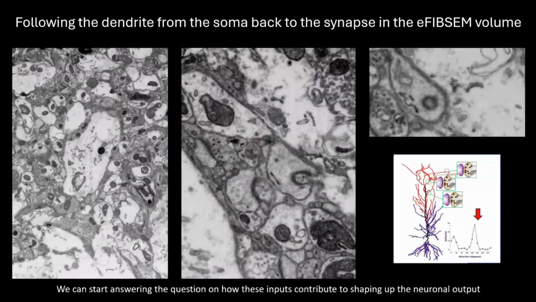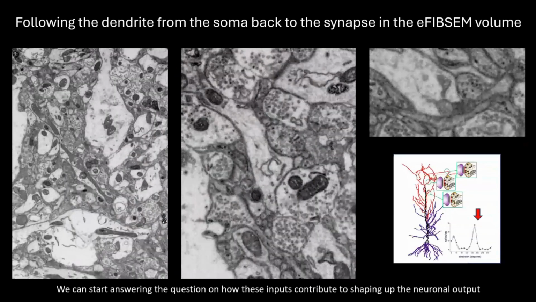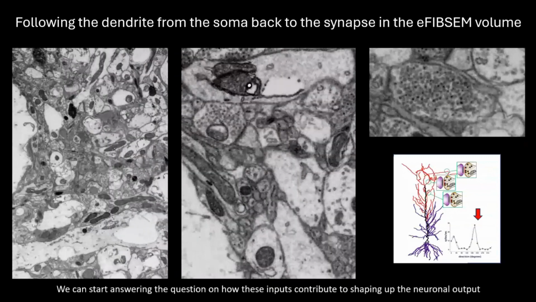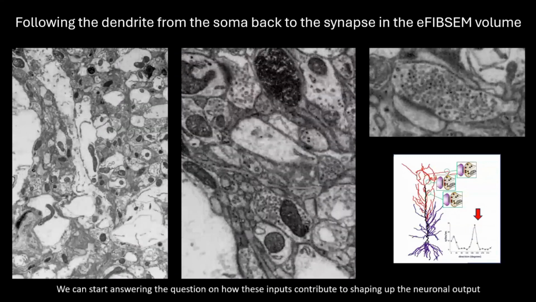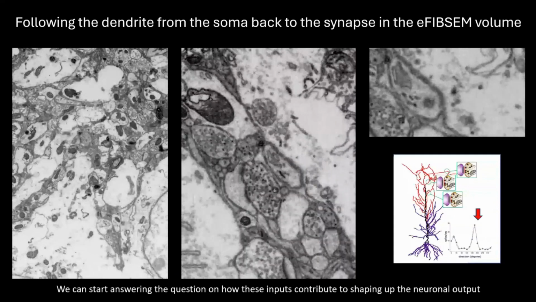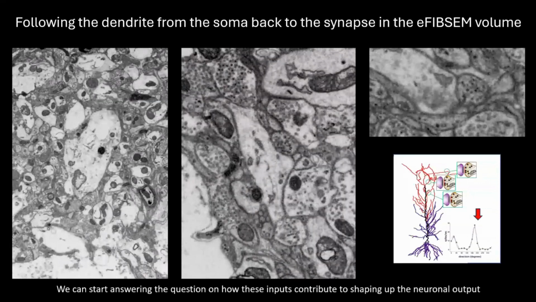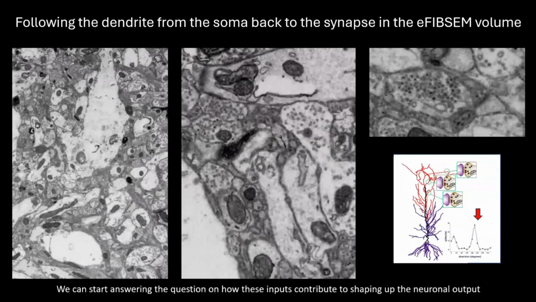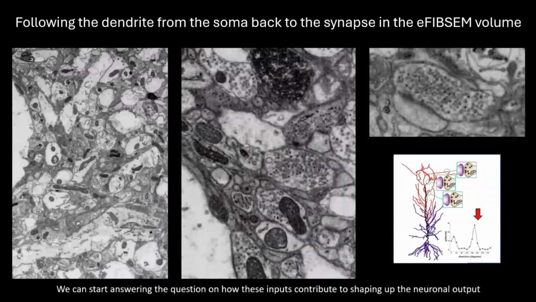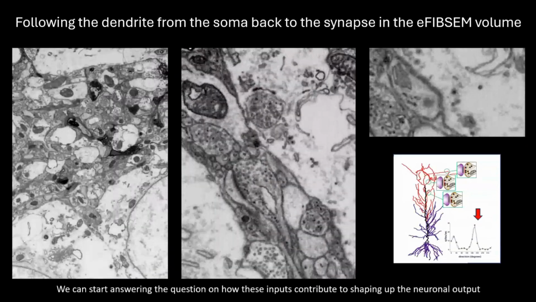And also what you can see is the photoconverted vesicle ratio is different in each bouton, which suggests that each bouton had a different activity during the stimulation. And this is the stepping stone where we can start answering the questions that I posed at the very beginning, how these inputs contribute to the shaping up of the neuronal output.